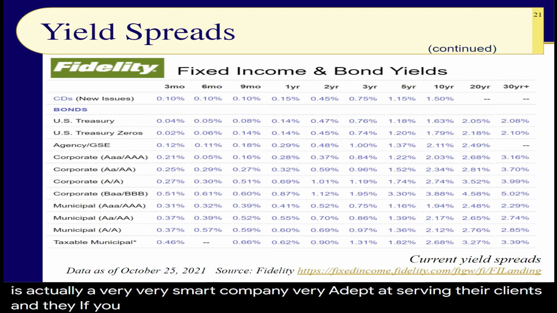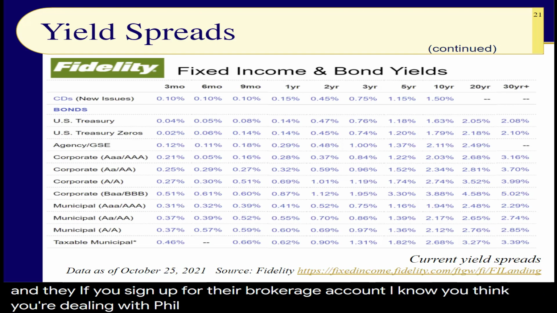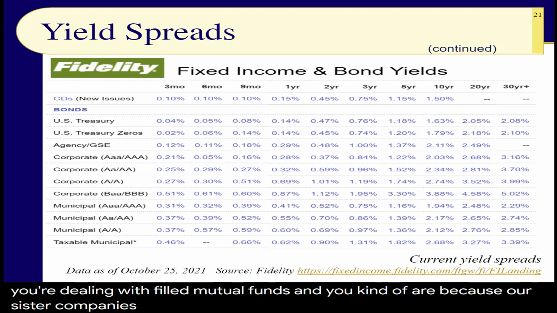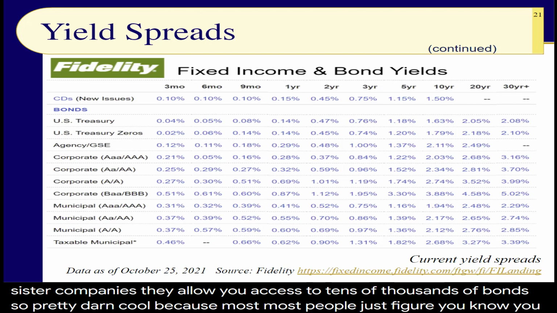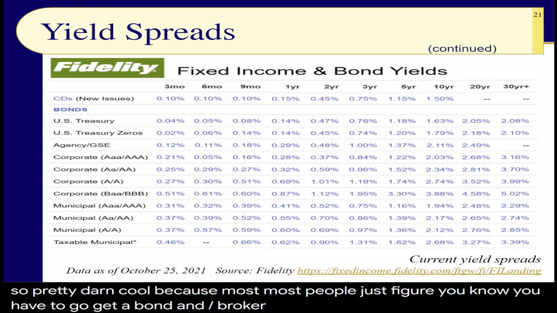If you sign up for their brokerage account, I know you think you're dealing with Fidelity mutual funds, and you kind of are because they're sister companies. They allow you access to tens of thousands of bonds. So pretty darn cool, because most people just figure you have to go get a bond broker, but no, Fidelity will handle it for you.